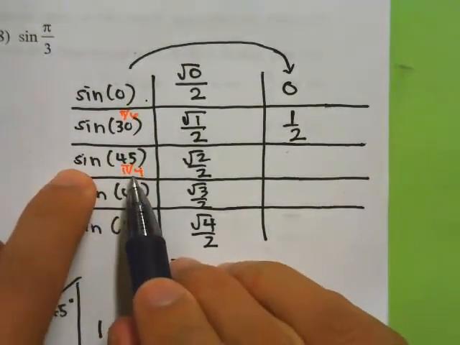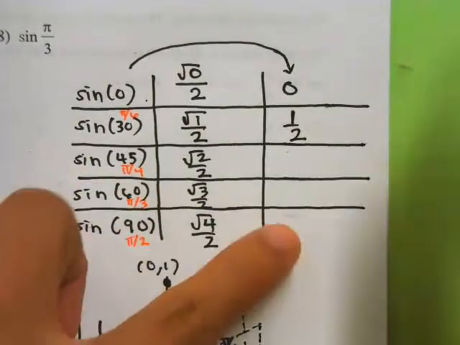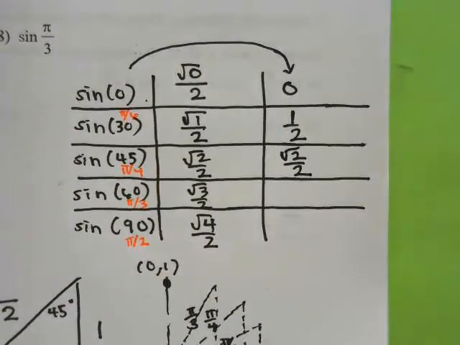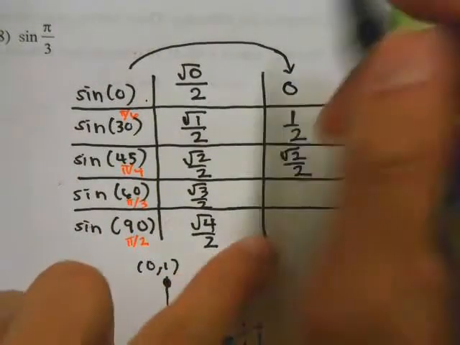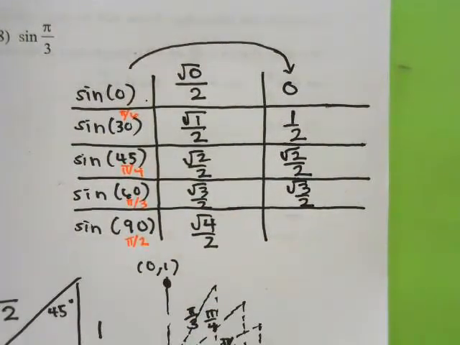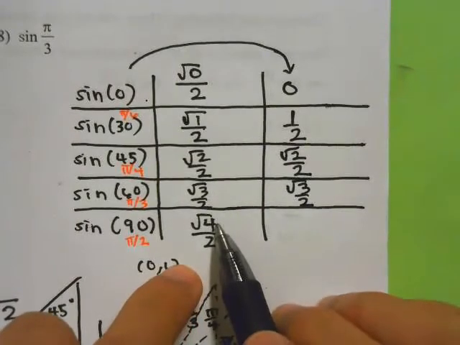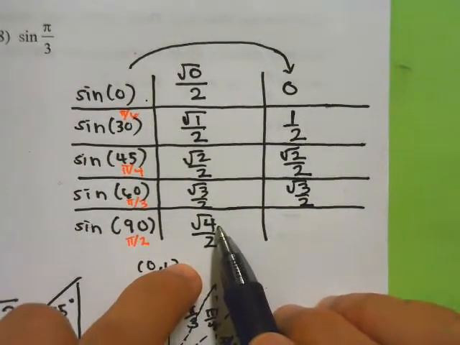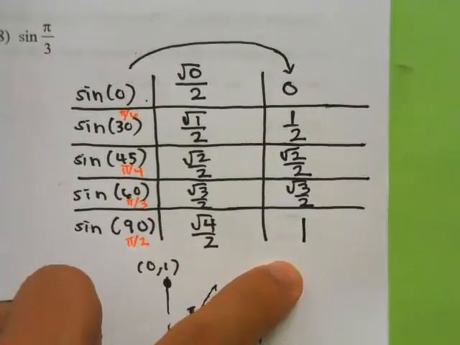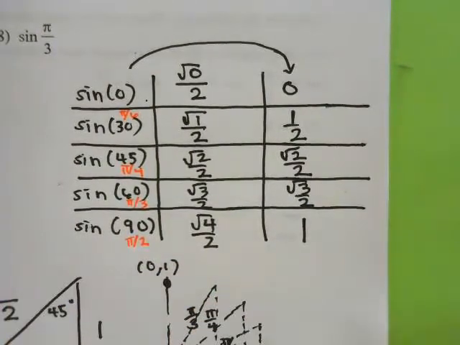Sine of 45 degrees, or pi over 4, well, we can't really do too much, so this is square root of 2 over 2. Very similar to sine of 60 degrees, or sine of pi over 3, this is going to be square root of 3 over 2. Okay. Well, square root of 4 is positive 2, so 2 over 2 is going to be 1. Okay.